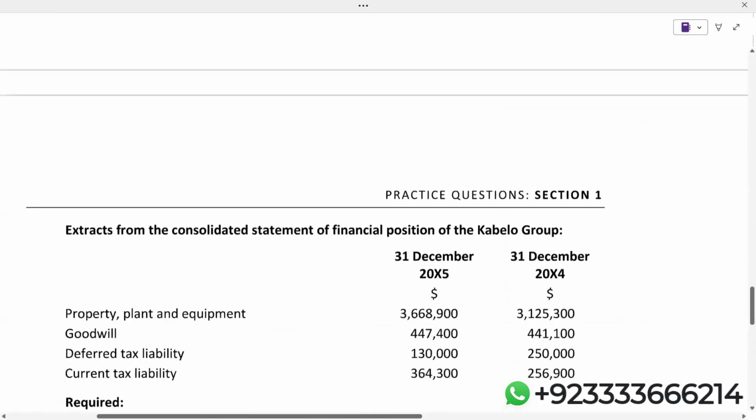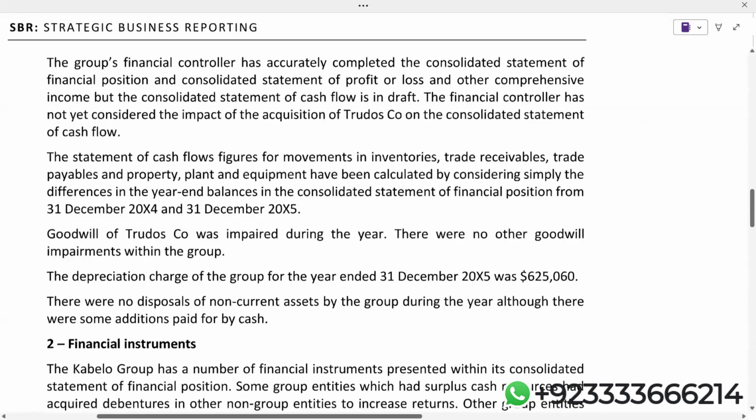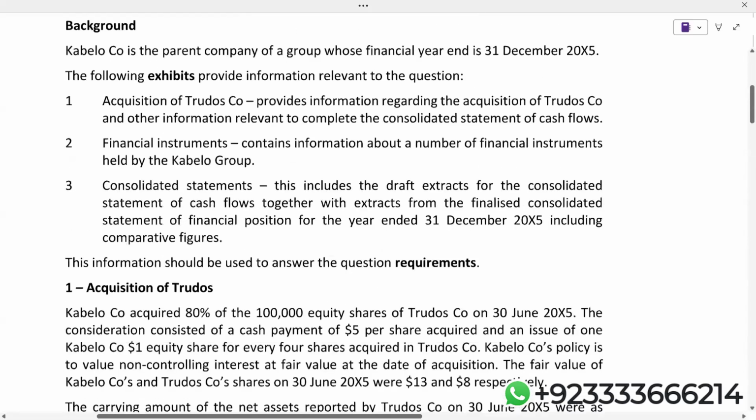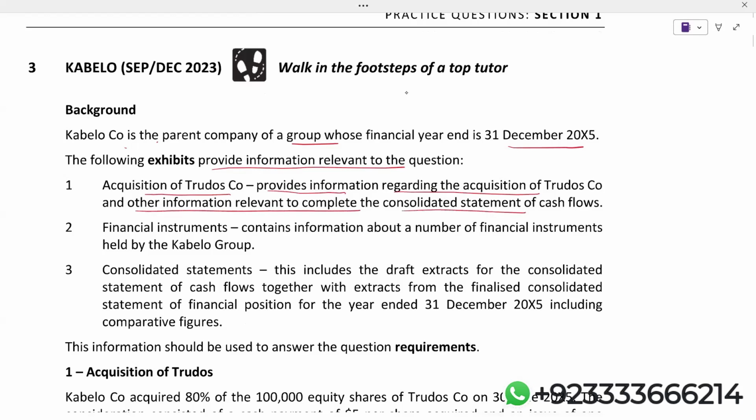Let's go for part A1. Okay. Kabelo Group is the parent company of a group whose financial year end is 31st December X5. The following exhibits provide information relevant to the question. Acquisition of Trodosco provides information regarding the acquisition of Trodosco company and other information relevant to complete the consolidated statement of cash flow.